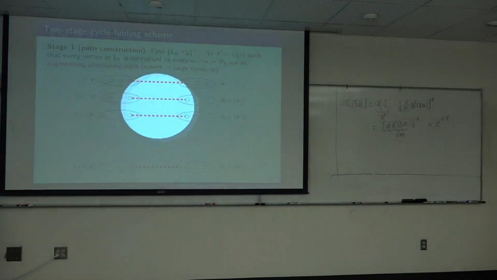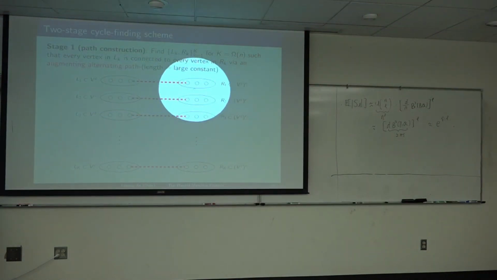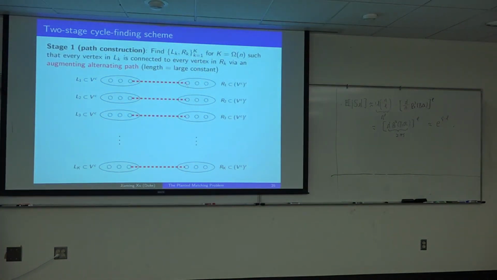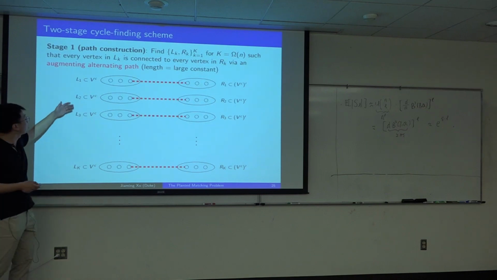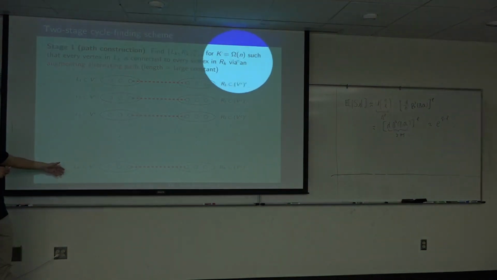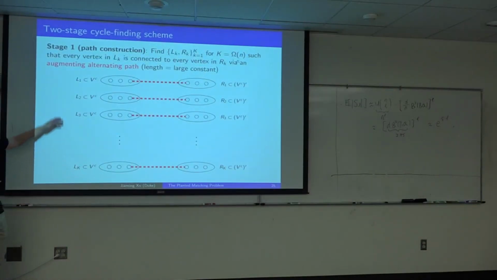I want to make sure that for every vertex pair between L_k and R_k, there are augmenting alternating paths connecting them. I want to construct many such pairs, so I need a capital K on the order of n. That's the precise way of stating the first stage.